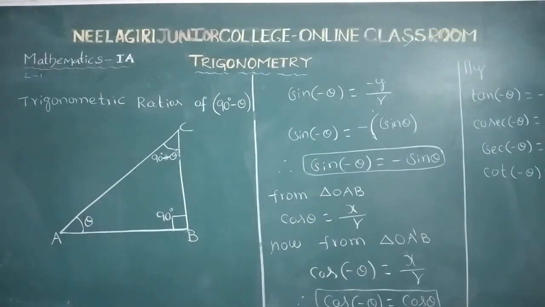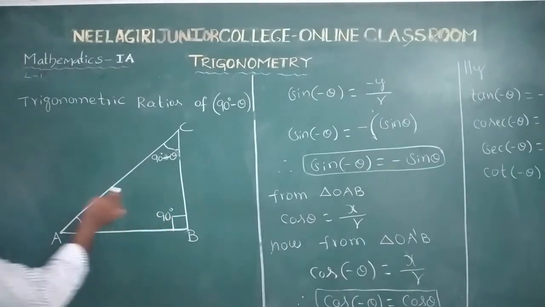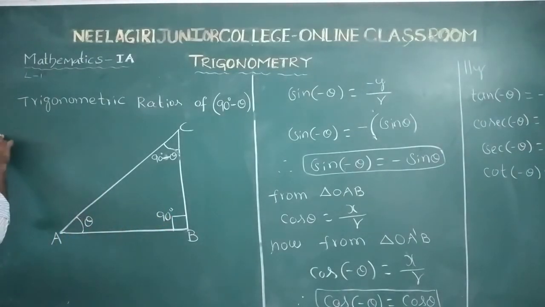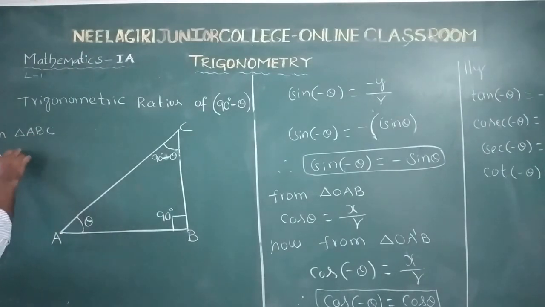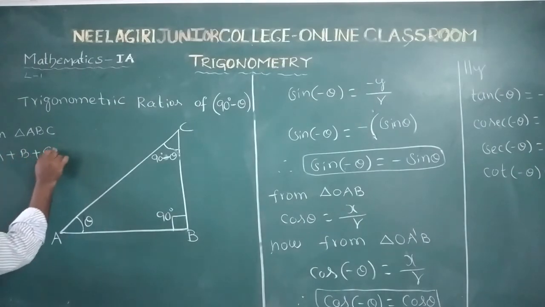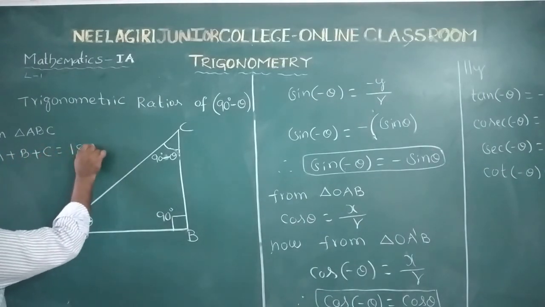Understand? Now, in triangle ABC, the sum of the angles, angle A plus angle B plus angle C equals 180 degrees.